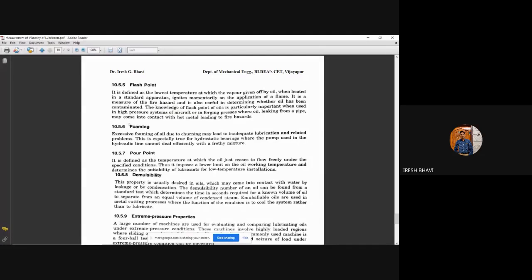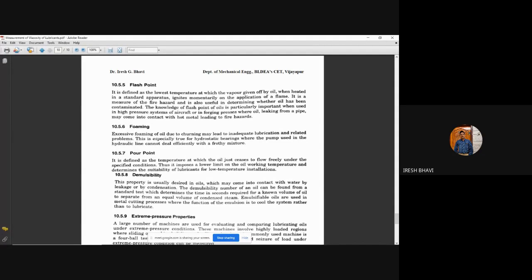Foaming. Foaming means what? When the lubricating oil is poured, it will release bubbles or it may form foam. In detergent, when you mix detergent in water, what happens? It will form foam, no? So there should not be too much excessive foaming of the lubricating oil when it is flowing in the engine.